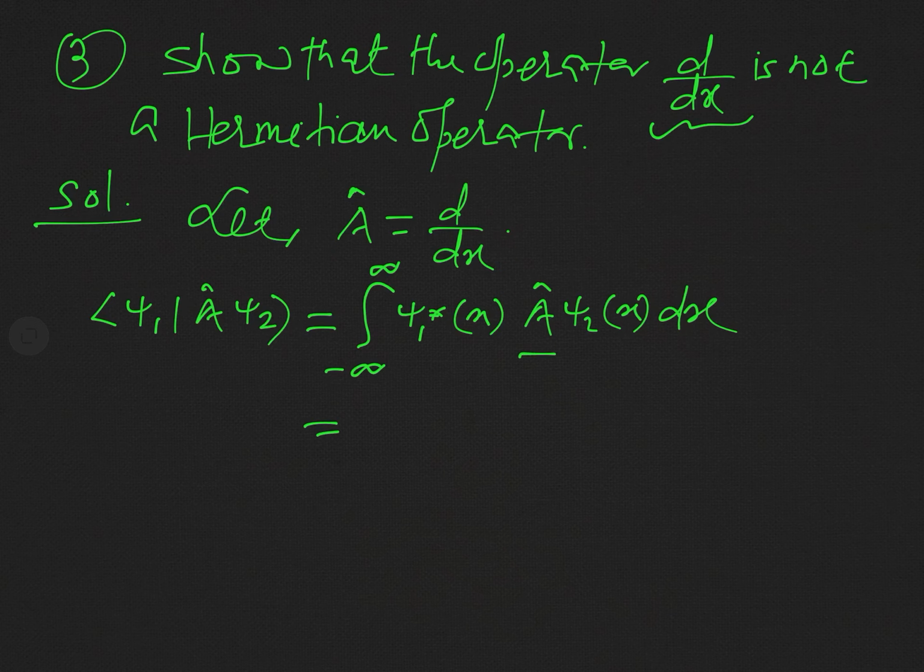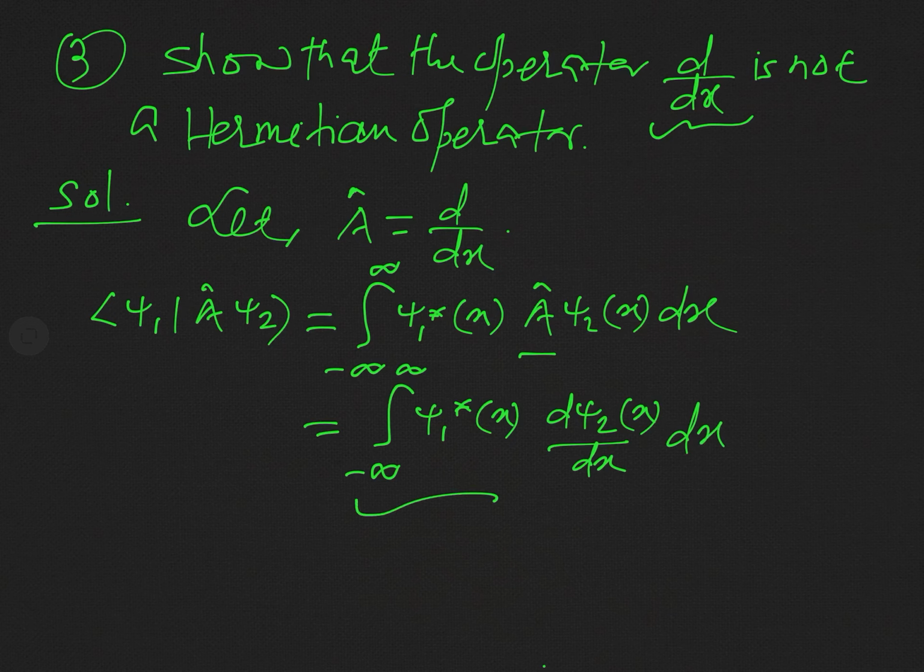And now we will substitute the meaning of a hat. This is in fact d dx. So this result can be written as integral from minus infinity to plus infinity psi 1 star of x d psi 2 of x dx, and this dx.